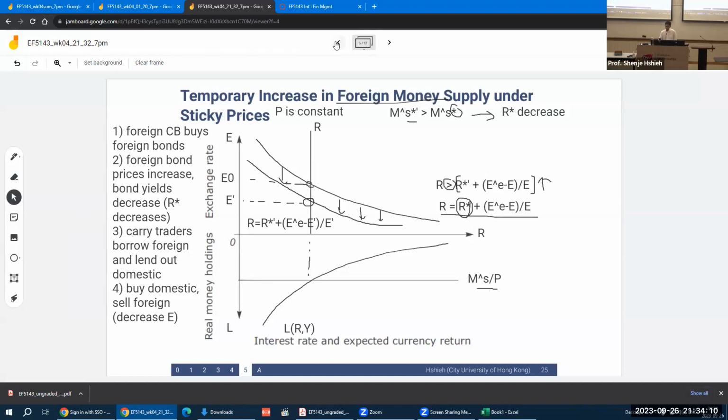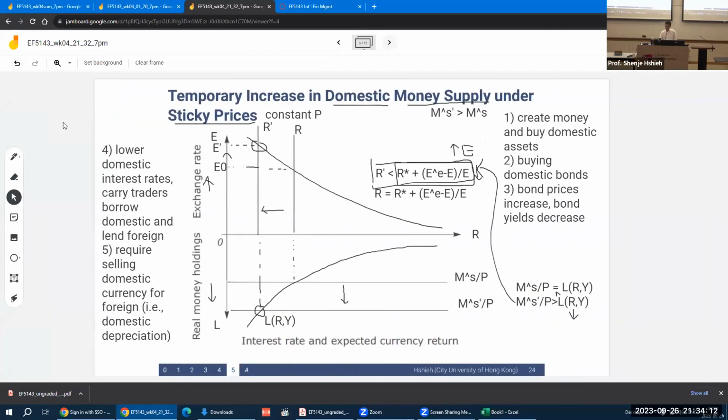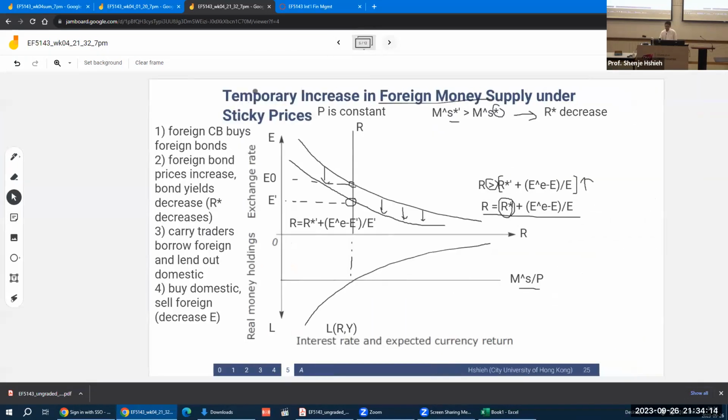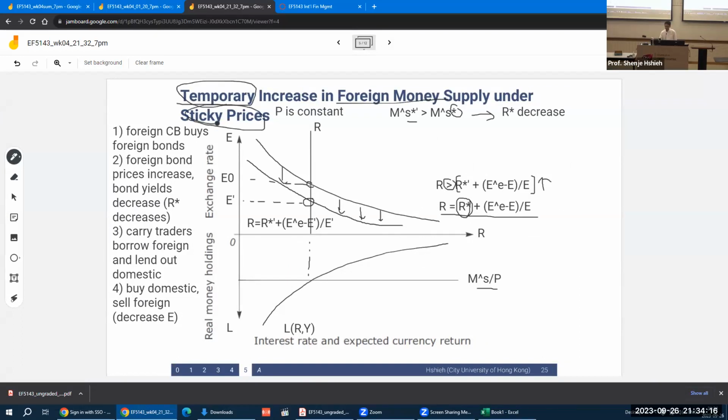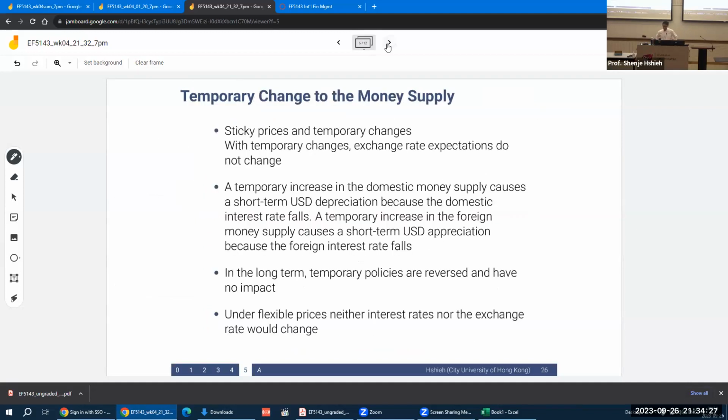All right, if you haven't noticed yet, all the analysis we've done so far involves temporary changes and sticky prices. When things get into the long run, it becomes a bit tricky, so we'll talk about that now. So, sticky prices, temporary change, exchange rate expectations do not change.